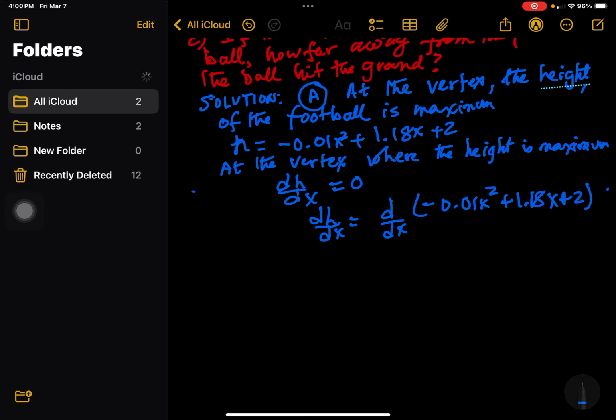So we have to find the derivative and equate it to 0.